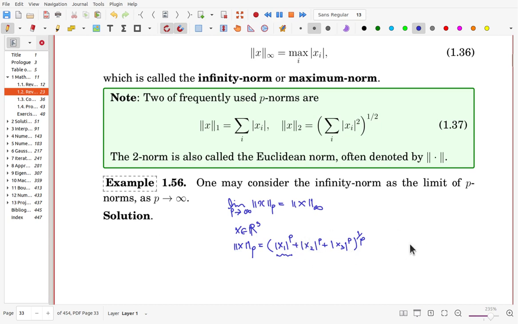And assuming that x1 is the largest one, we can write it this way.